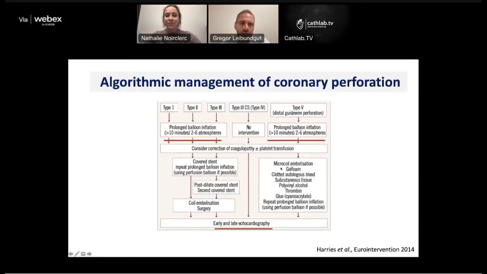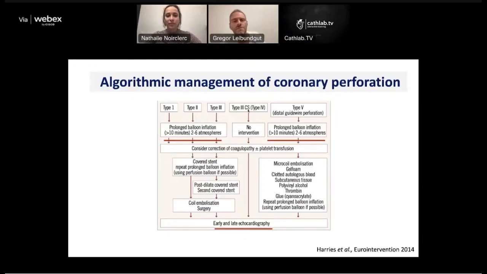This algorithm, or the classification, is the Ellis type classification of coronary rupture, right? Actually, it is. Type 4 is cavity spilling, CS, so it's a perforation spilling into the right ventricle, the left ventricle, or a coronary vein.